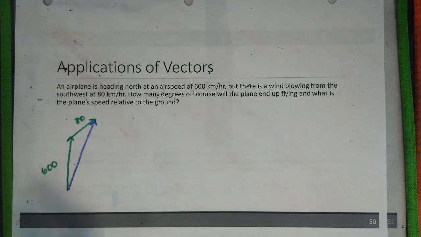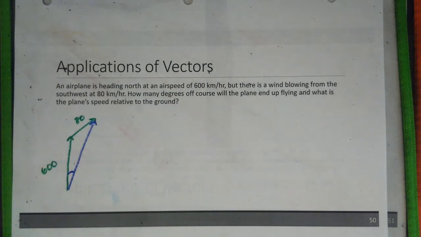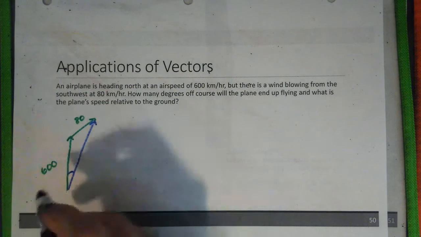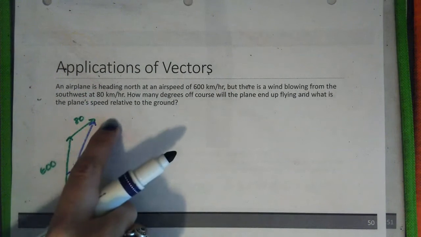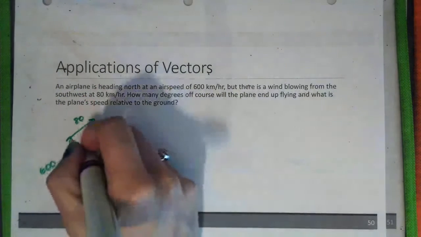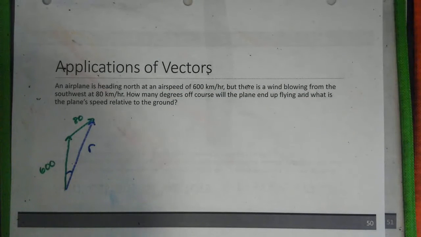We want to know how many degrees off course the plane ends up flying. So that's going to be that angle measured. And the plane speed relative to the ground, well, if this is a speed, this is a speed, this is going to be a speed. So we'll use r for relative to the ground.